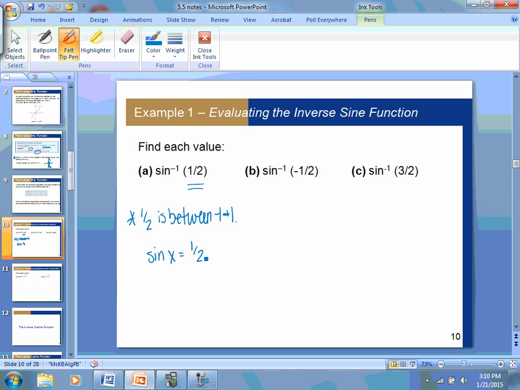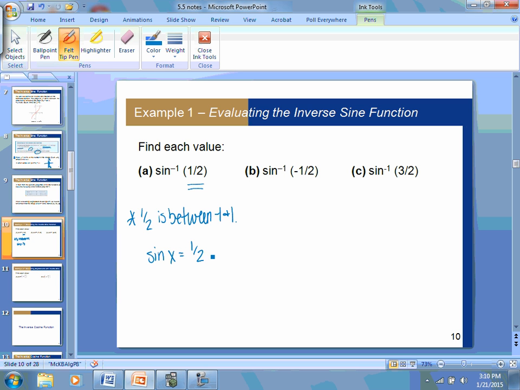This is the inverse sine of x, but when we rewrite it, we flip-flop our x and y around. So this 1/2, that was the x for the inverse, is now the y for our traditional sine function. So just think, the sine of something is 1/2.